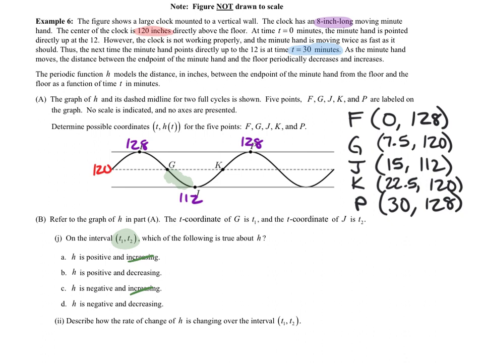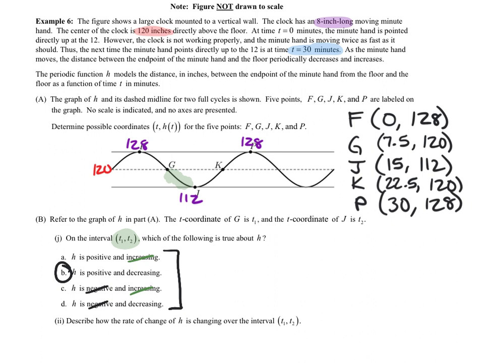Is it hanging on a wall or is it buried in the earth? It's above. It's always going to be positive because the clock is on the wall. It's above the ground. So the correct answer here is H is positive and decreasing. So we could just get rid of the two that say negative. Our clock is always above the ground.